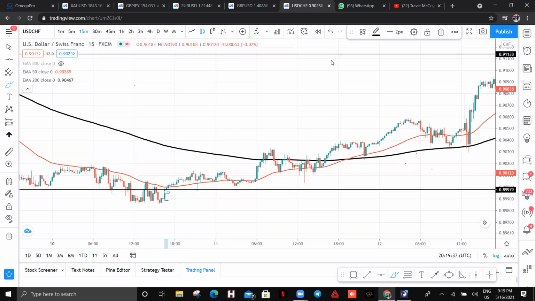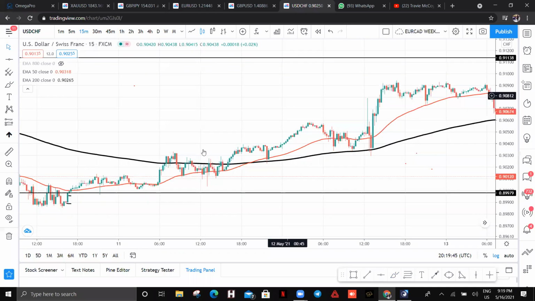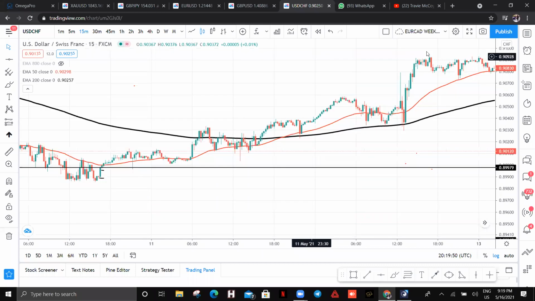91,138. Now let me change this and see if price actually got to that place. Okay, it didn't get there, but at least you must have secured some part of your profit. Now, the beauty of this strategy, the entry and exit, is your risk to reward ratio. So imagine you did this.